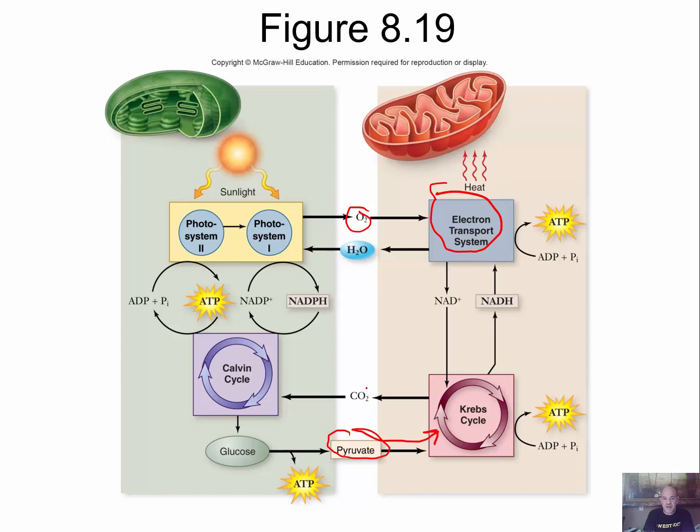Now, what are products of the Krebs cycle? Carbon dioxide. Well, carbon dioxide is used by the Calvin cycle to make glucose. And what's a product of electron transport in oxidative respiration? One of our products is that metabolic water, which is used by the light reactions. That's where we split the water to make oxygen. So you see the products of one are used as reactants in the other process. So there's a connection between the two.